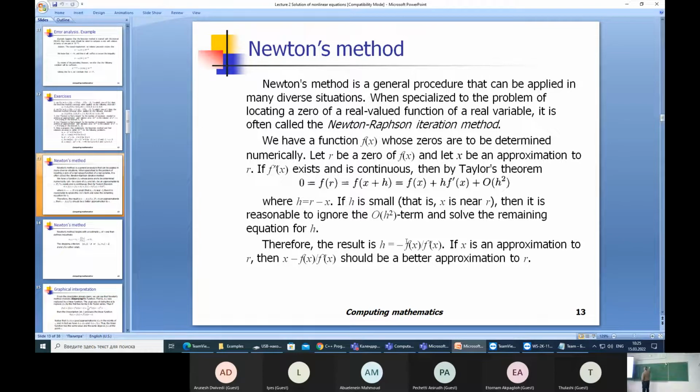So the length of this interval, let's denote it as h. In this case, I can say that R equals x plus h. Again, let me repeat that R is unknown root.